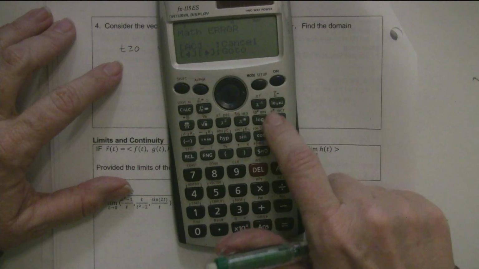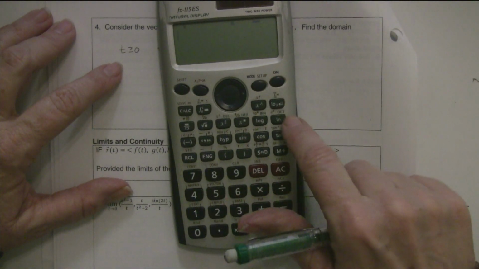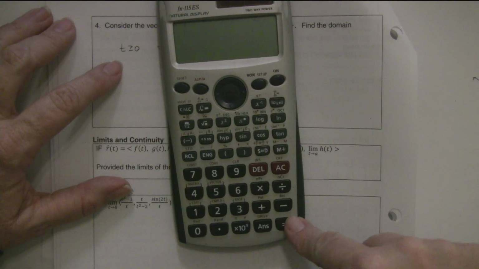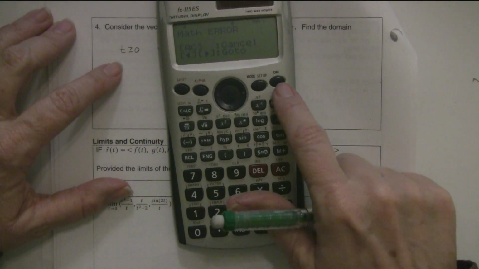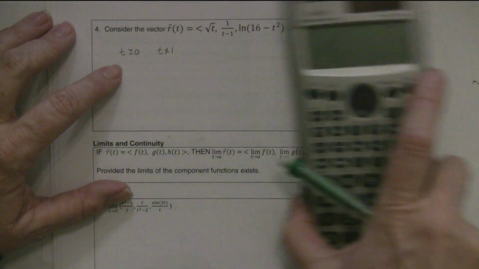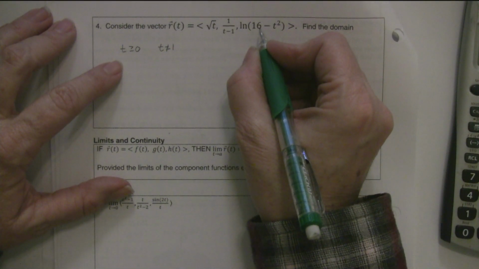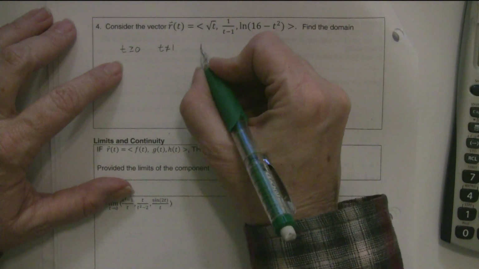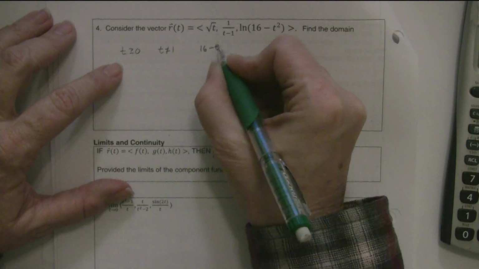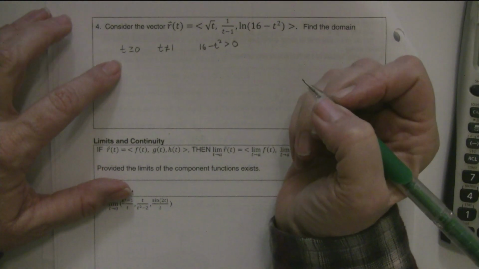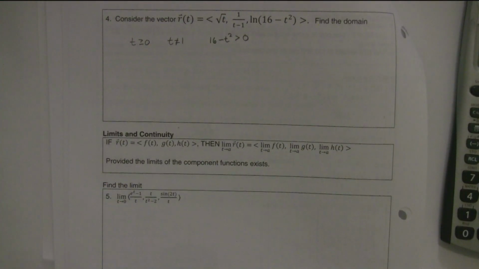If you try natural log of a negative, like -8, for example, your calculator will give you an error. It has to be positive. So we know right here from the z coordinate that 16 minus t squared has to be greater than 0. It can't be equal to 0. It has to be greater than 0.